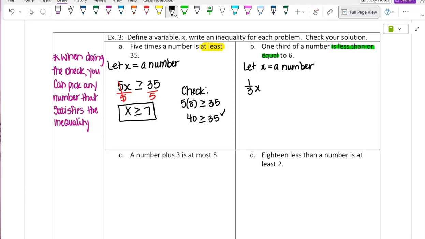So 1/3 x is less than or equal to 6. And again, we undo multiplication with division, so we divide both sides by the 1/3. So x is less than or equal to 6/1. But we also invert and multiply, so 6/1 times 3/1. So x is less than or equal to 18.